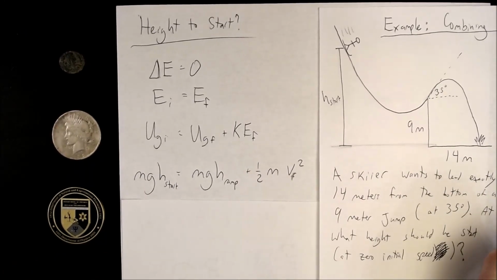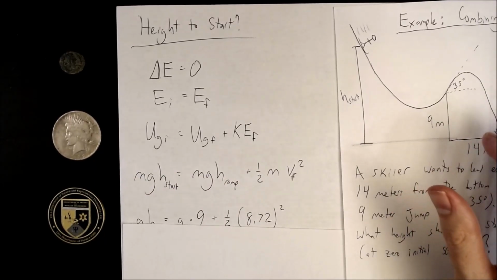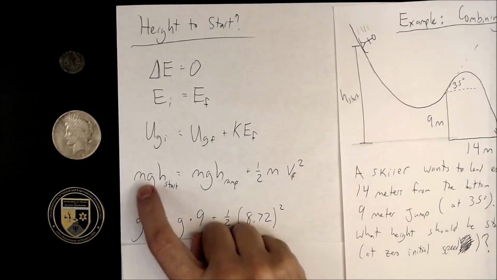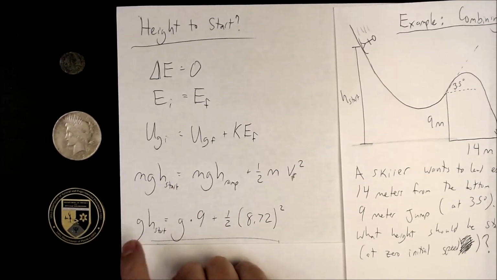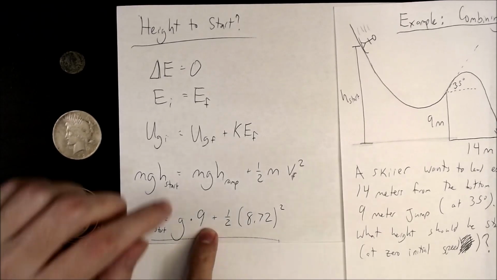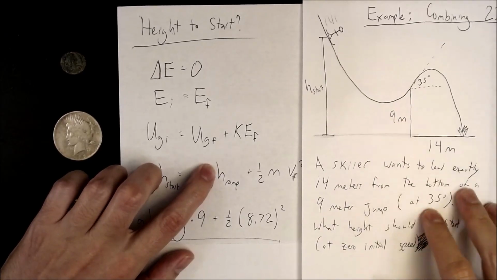What can we cancel out? Masses, get rid of those masses. Okay, plug in other things that we know, and we've got g times h, g is 9.8, times h is equal to 9.8 times 9, that 9 is the height of the ramp, 9 meters.